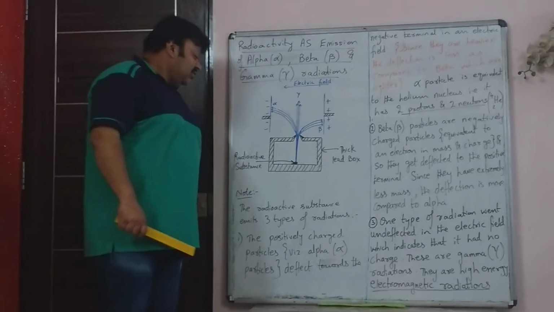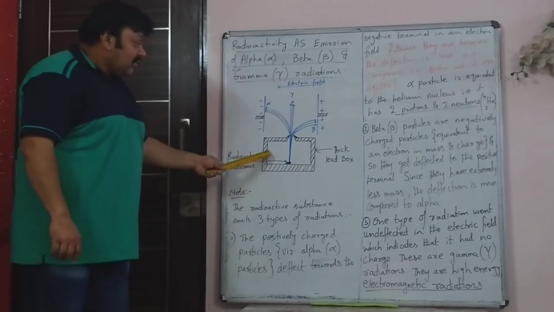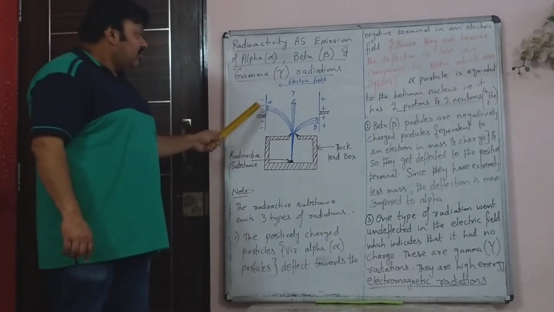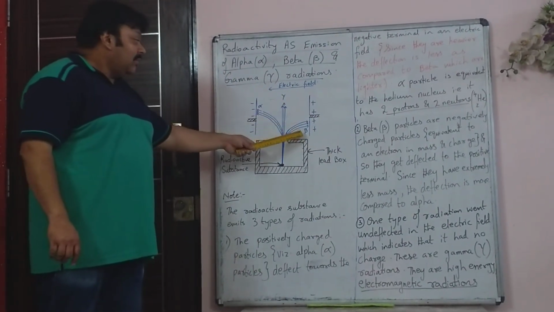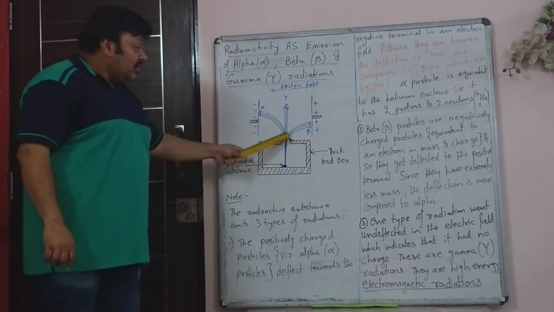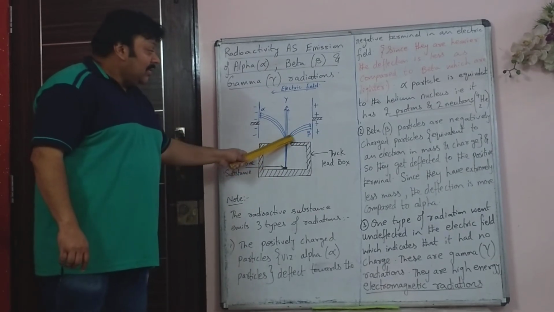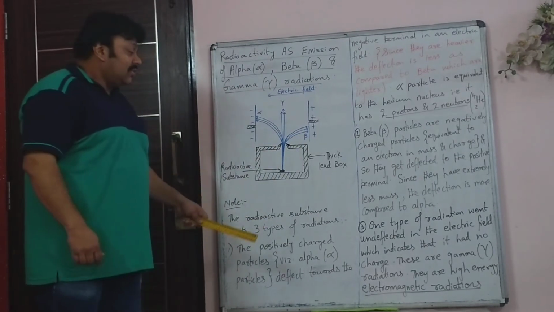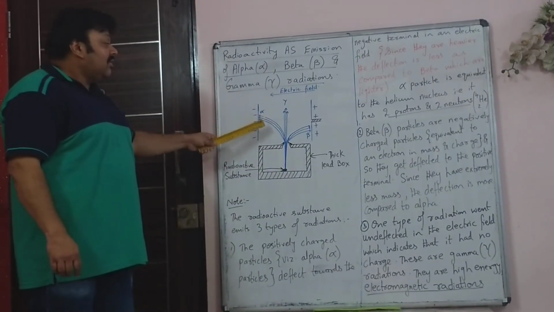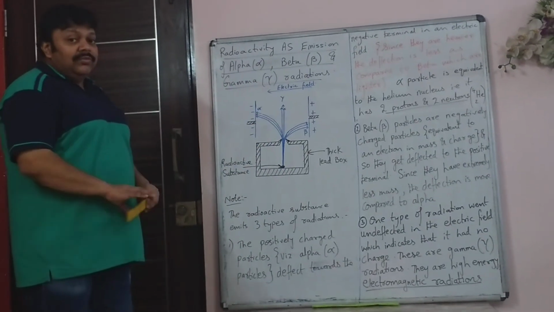So beta deflection is more. When you draw this figure, not only should everything be properly labeled as positive, negative, electric field, gamma, beta and alpha, but you also have to show the beta particles deflecting first as soon as they come out and the alpha particles deflecting a bit later.